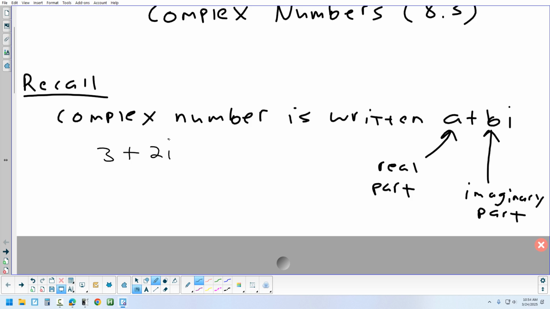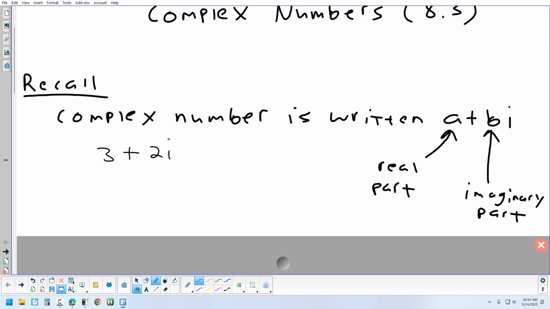Standard form is when you write the real part first, then the imaginary part second. And if all you have to do with complex numbers is add and subtract them, standard form's fine. If you want to add two numbers that are in standard form, it's very straightforward. You basically combine like terms.